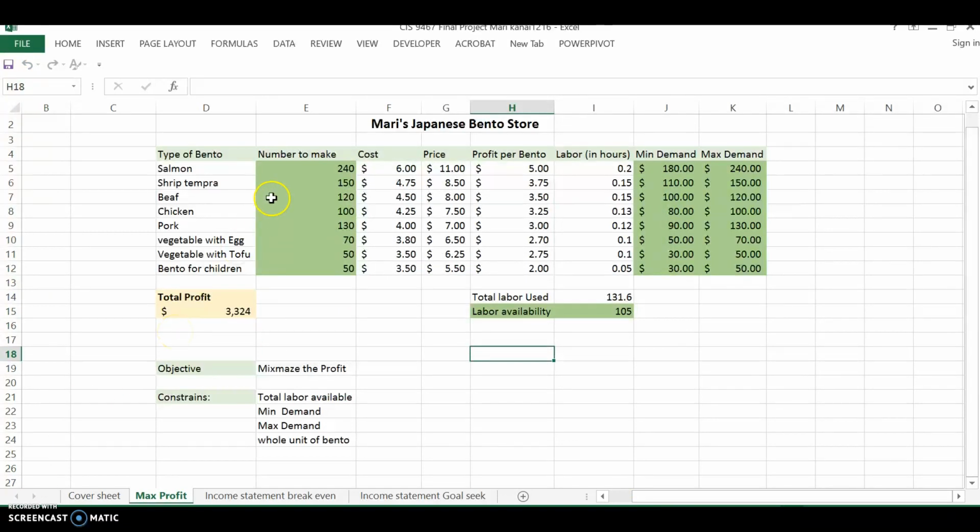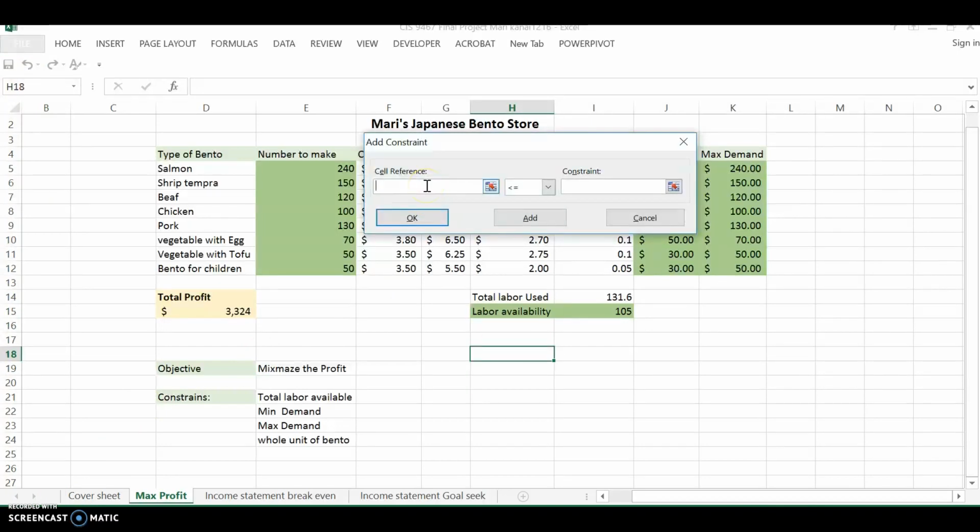Now we can see the number to make all comes to the maximum demand. It makes sense because we make more and sell more, so we have more profit. However, the total labor used cannot exceed labor availability.